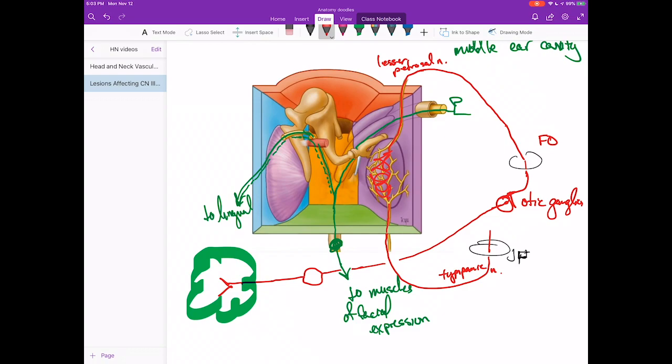And remember that the middle meningeal artery travels this way to get to, it goes behind the ear here, to get to the skull. Actually, it'd be in front of the ear. So let's do this. So to inner skull.